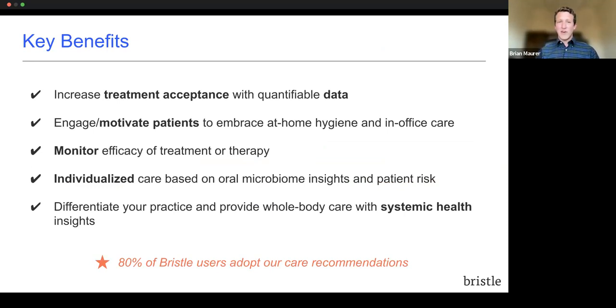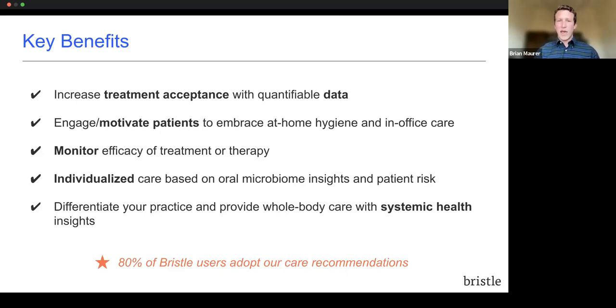And this can then in turn encourage and engage patients and motivate them to embrace both at-home hygiene and in-office care. And we actually see that with Bristle users we survey. Over 80% report adopting our recommendations, whether that be starting to floss, using something like a probiotic, or actually changing their diet. So really seeing this type of data can resonate with patients.